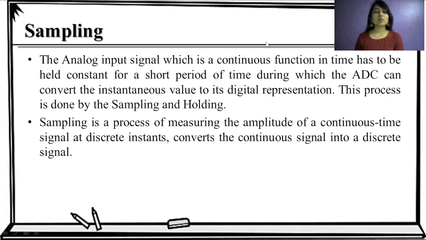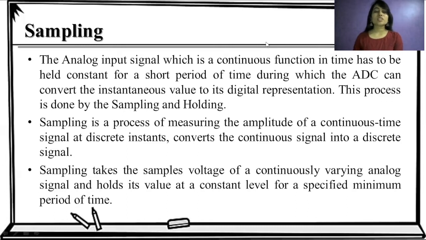Sampling takes the sample voltage of a continuously varying analog signal and holds its value at a constant level for a specified minimum period of time.